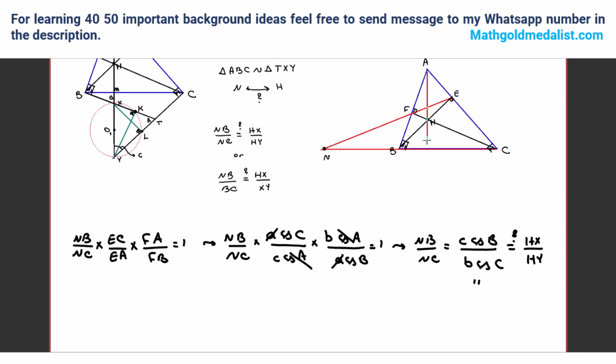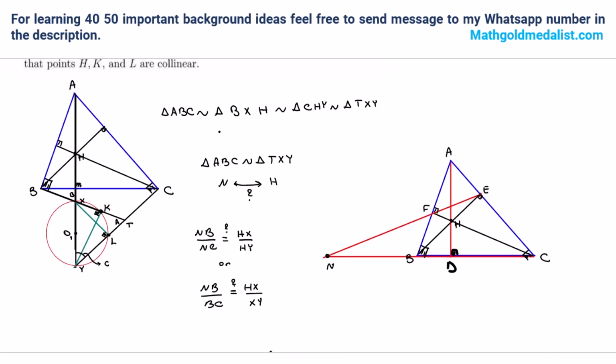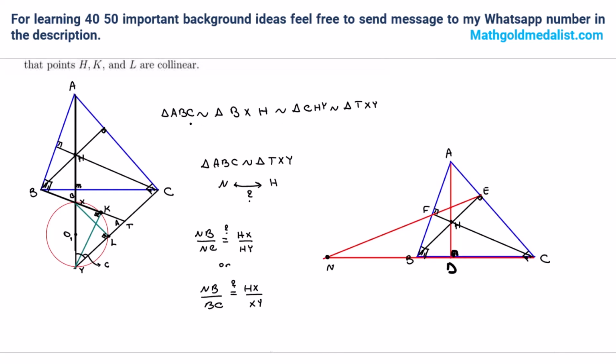Okay, DB over DC. Then, triangle CHY is similar to triangle BXH. We've proved previously that CHY is similar to ABC, yes, all of them.